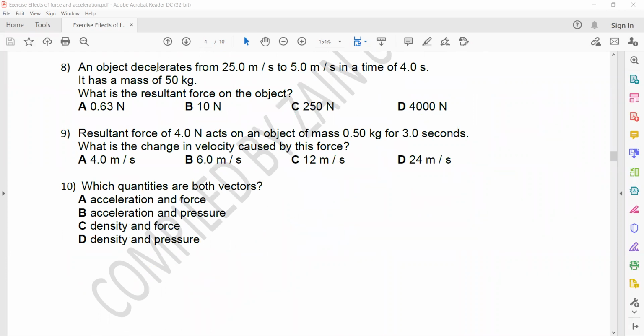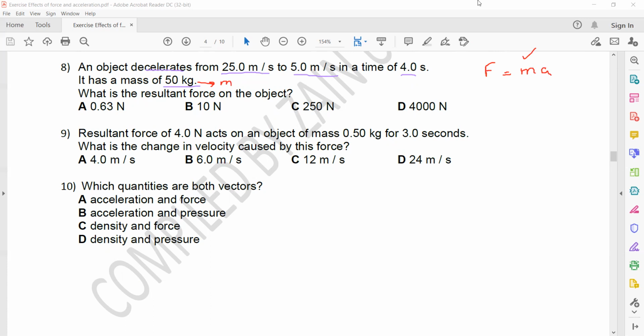An object decelerates from 25 meters per second to 5 meters per second in 4 seconds, and it has a mass of 50 kilograms. What is the resultant force? To get the resultant force, F equals ma. We have the mass, but we don't have the acceleration.